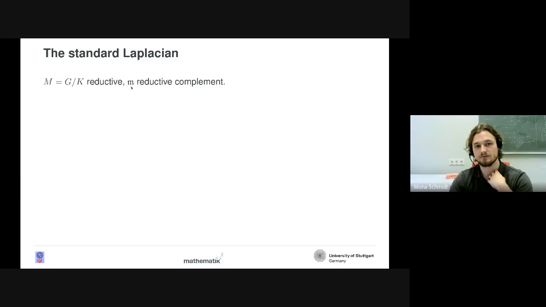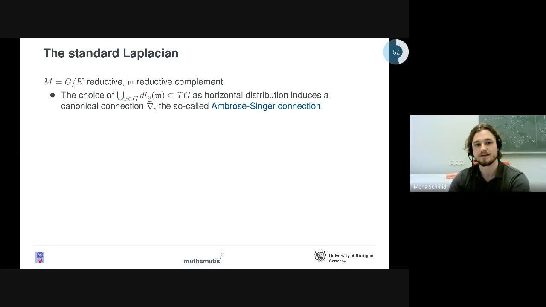We have some reductive complement m, and this reductive complement, or the choice of a horizontal distribution, induces a particular connection, which we denote with nabla bar, and this is called the Ambrose-Singer connection. So for each choice of reductive complement in a reductive homogeneous space, we get such a connection.